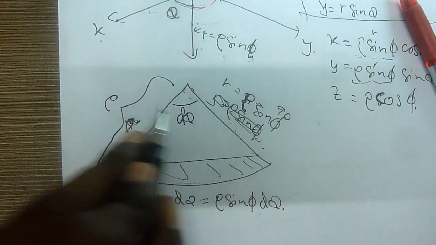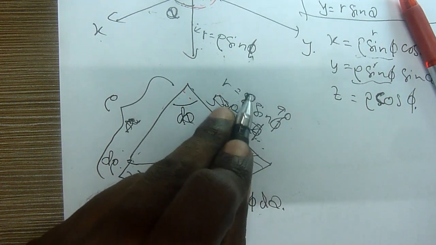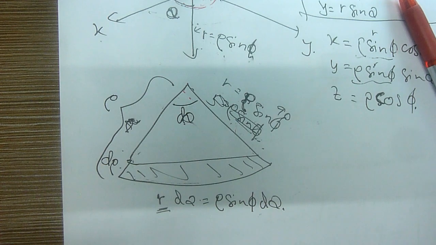Therefore what you will get is r equals rho.